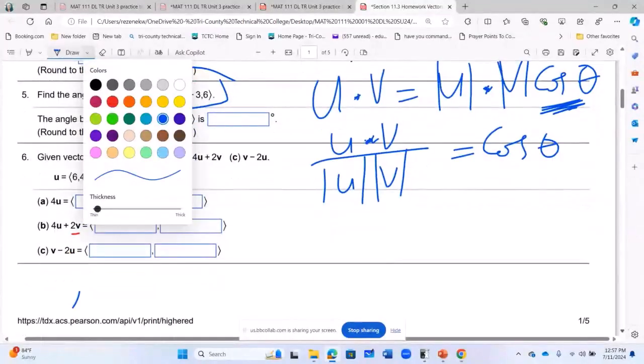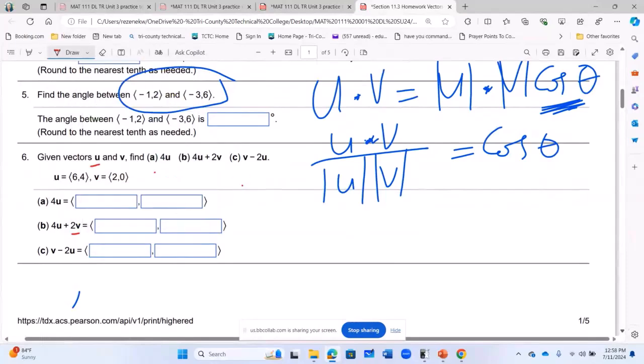I will multiply from here immediately. u dot v: -1 multiply -3 plus 2 multiply 6.